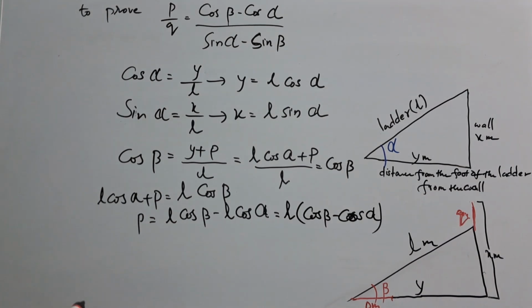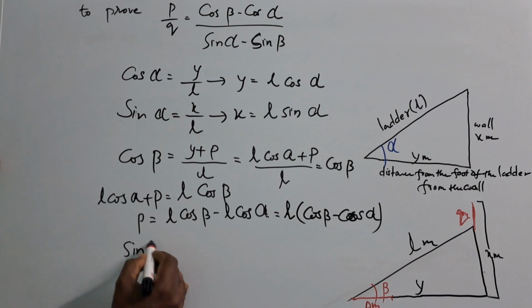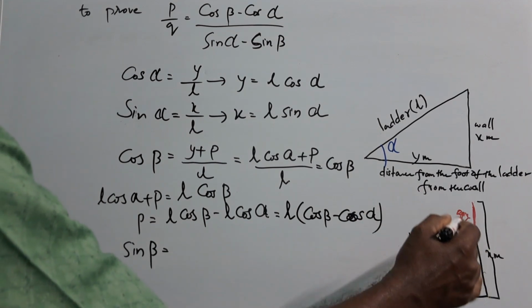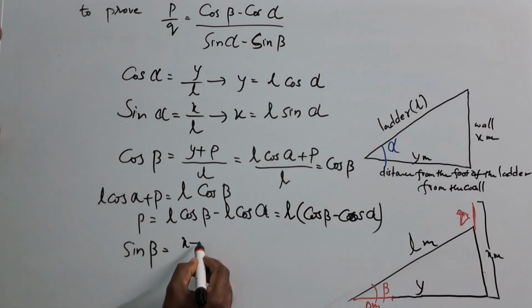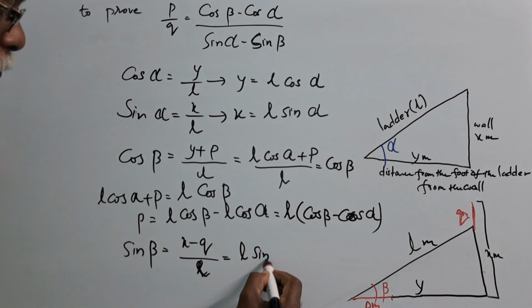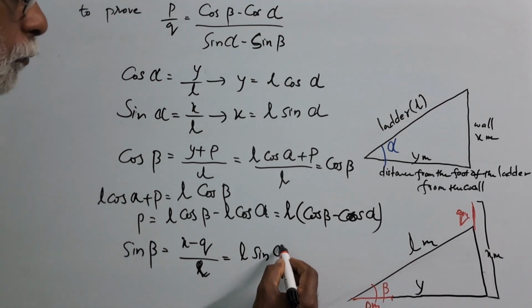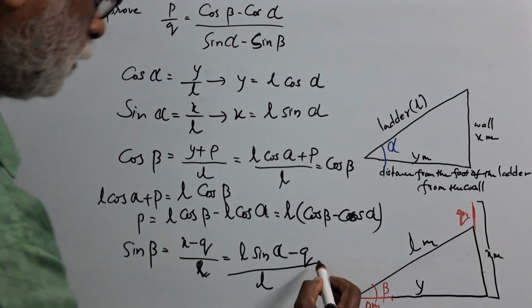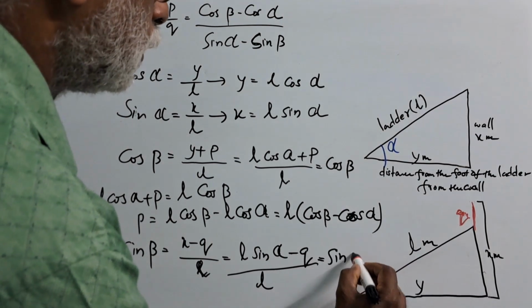Similarly, sin beta is equal to the opposite by hypotenuse. Now the opposite is x minus q by L, and we know x is equal to L sin alpha. So L sin alpha minus q by L is equal to sin beta.